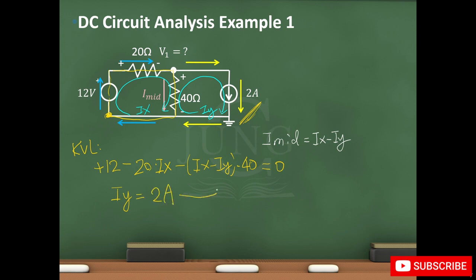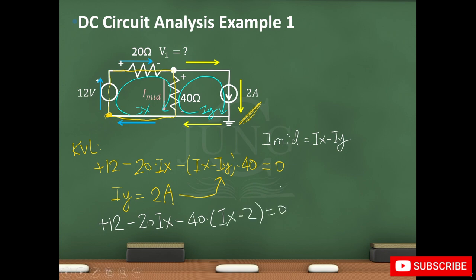Subbing this information back into the first equation, we have plus 12 minus 20 Ix minus 40 times (Ix minus 2) equals 0.